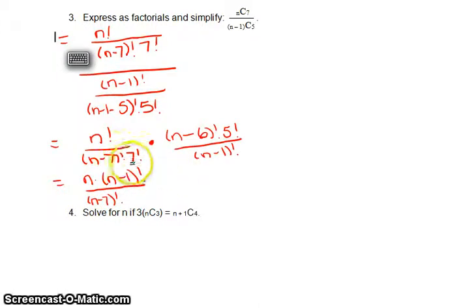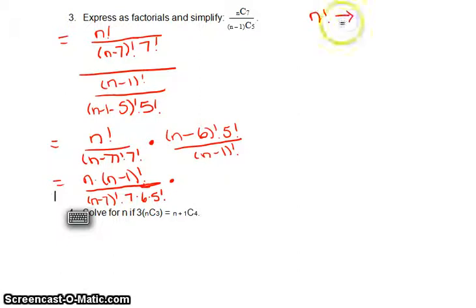And with 7 factorial, we can rewrite this to look like 5 factorial. I'm going to explain in just a second why we left n minus 7 factorial as it was. But for now, we'll just rewrite 7 factorial as 7 times 6 times 5 factorial. We want to start canceling some like terms if we can by rewriting these factorials. Then we have n minus 6 factorial. I want you guys to note, when we go from n factorial, we subtract 1, so it's n times n minus 1 factorial.